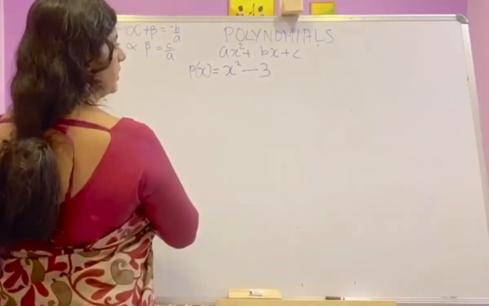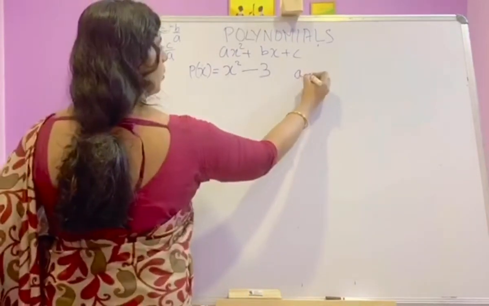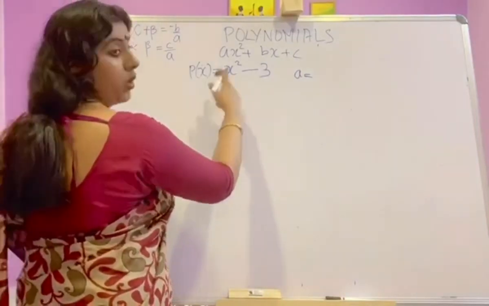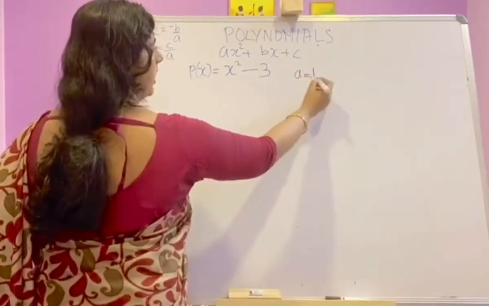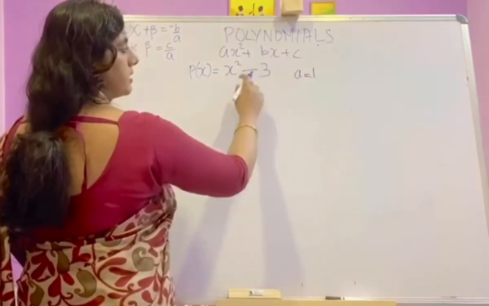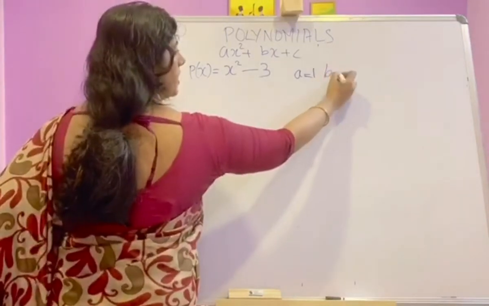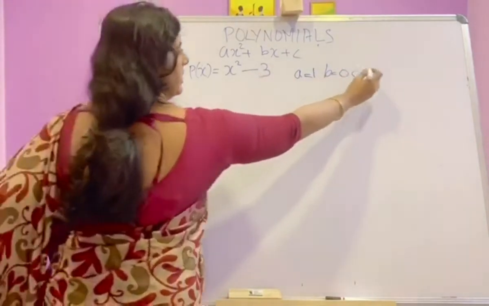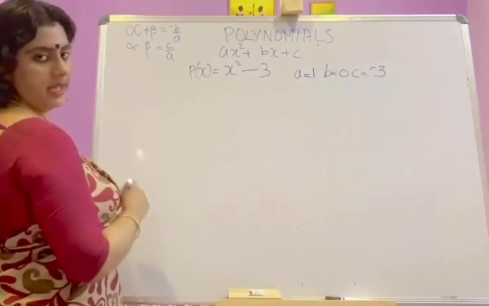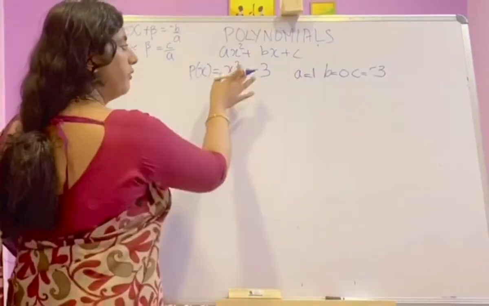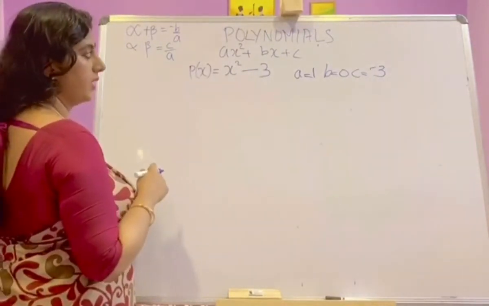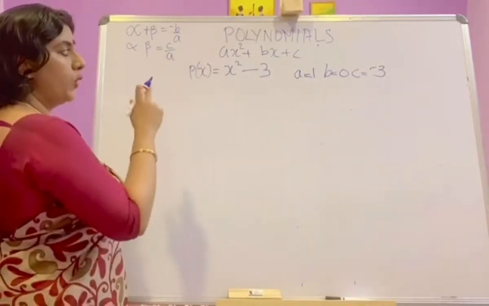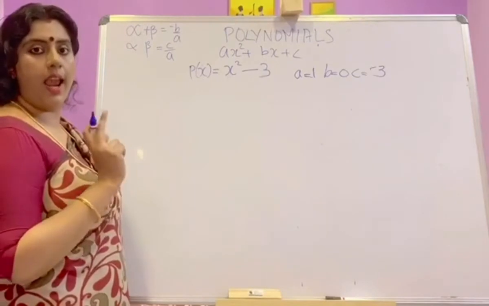That is a is equal to, here x square means 1x square, so a is 1. And we have no bx term here, so b is 0 and c is equal to negative 3.